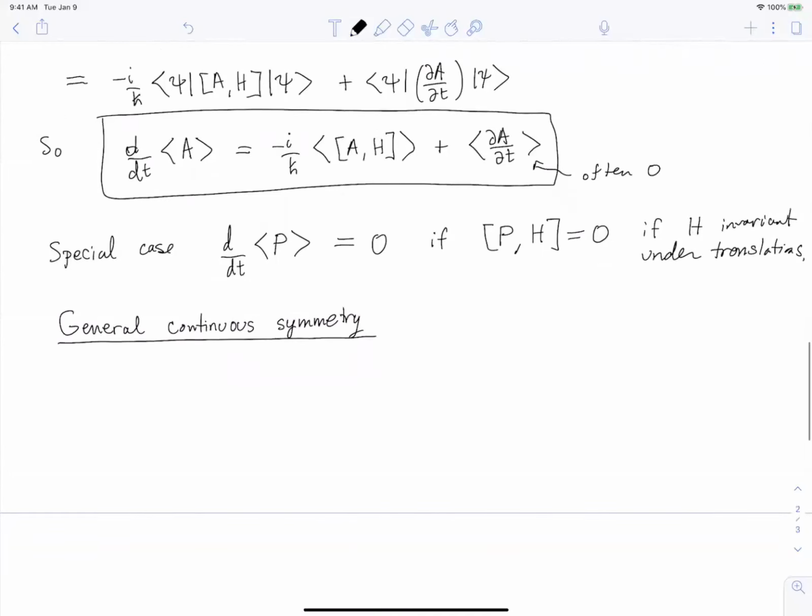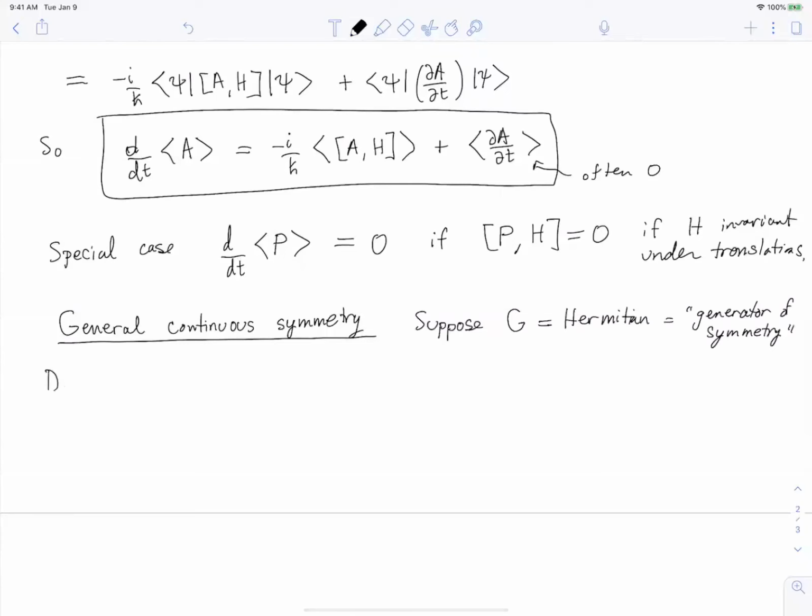Okay, and so we suppose that we have some operator that I'm going to call G for generator, and it's Hermitian. Okay, so this is going to be the generator of the symmetry. In the previous discussion, it was the momentum.